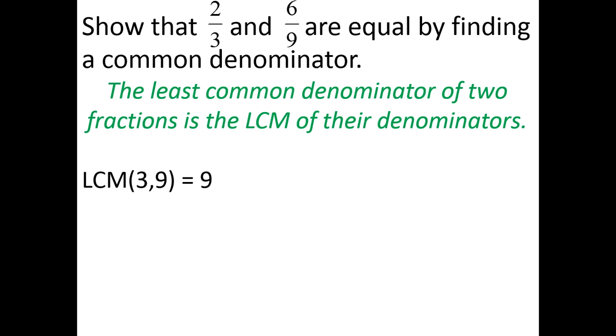So we should be able to write both fractions as having denominators of 9. 2/3 could be rewritten as the equivalent fraction 6/9. And 6/9 obviously already has a denominator of 9. So we've shown that 2/3 is equivalent or equal to 6/9 by writing both fractions with the same denominator.